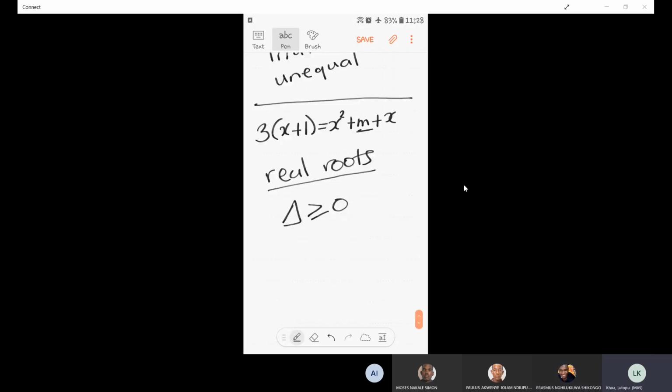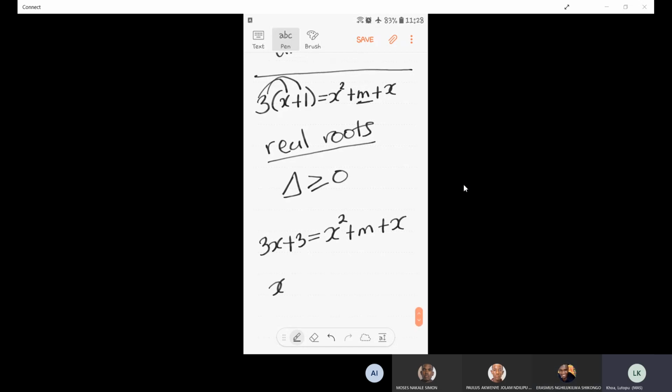So when we do this, first we must multiply this out. So we have 3x plus 3. This is equal to x squared plus m plus x. So everything on one side, 0 on the other side.